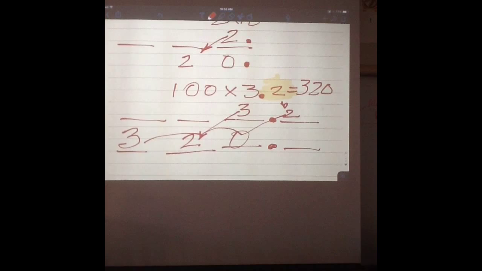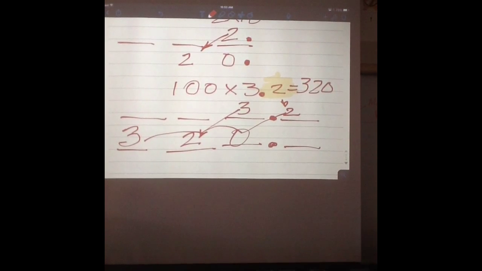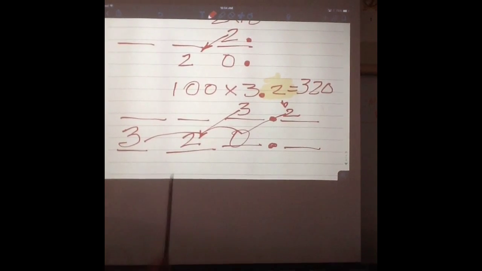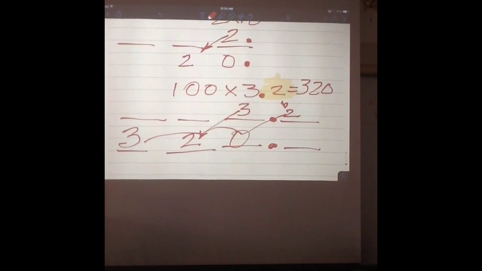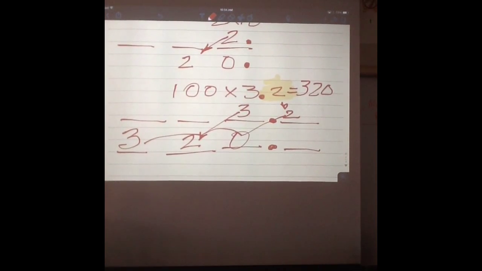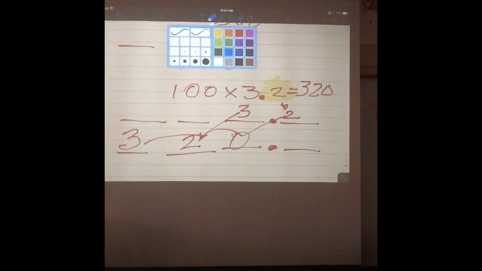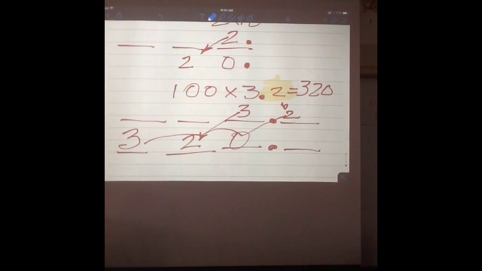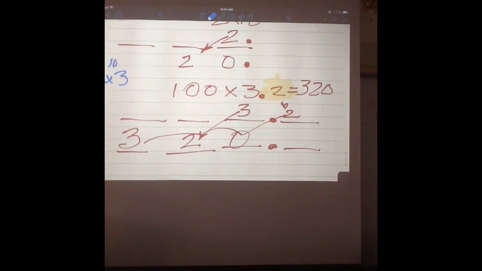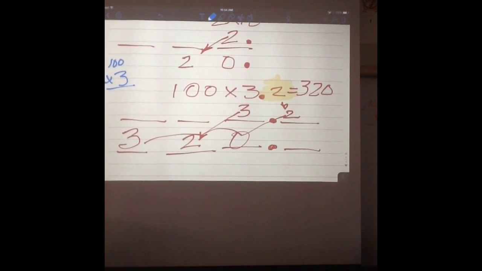So shifting is an important concept for multiplying. It makes it so much easier, doesn't it? I mean, it's so fast. Now some of you might be saying, I learned how to do the decimal by just saying, you know, if I'm multiplying 3 times 100, I just say 3 times 1 is 3, and then I have 2 zeros.